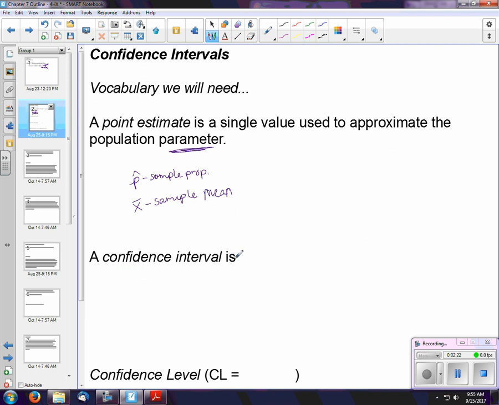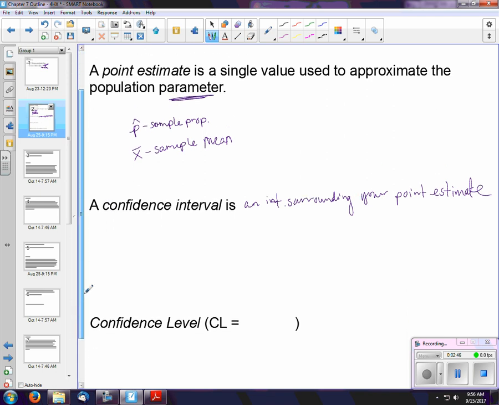A confidence interval is an interval that surrounds your point estimate. Now, we say it's an interval surrounding because it's kind of like you have some wiggle room, if you will.